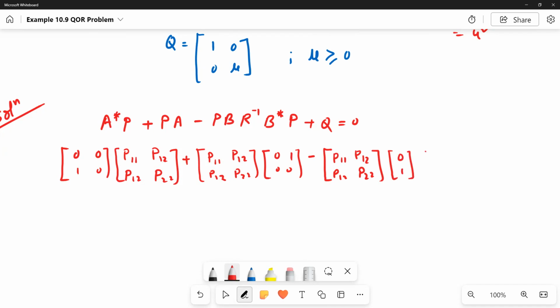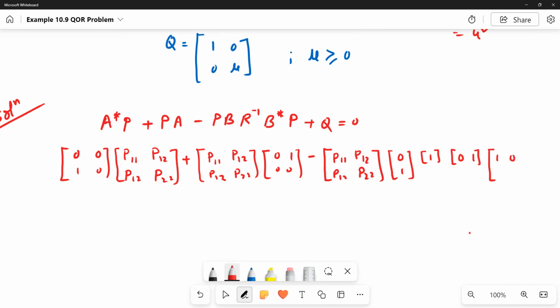Then you have the R matrix, which is simply 1. R inverse is same as R, unless otherwise it is a multidimensional matrix. You can keep it like that. And then B transpose is 0, 1. Since it is a real matrix, the complex conjugate is same as transpose. And then finally, you will have your P matrix coming again.